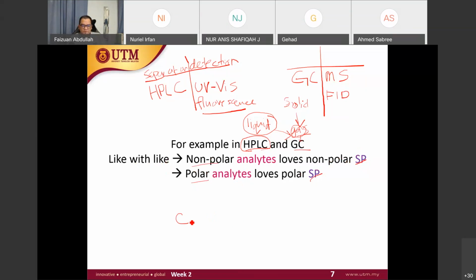For example, I draw a compound here. What should be at the end of the line? Hydrogen, right? What is this compound?